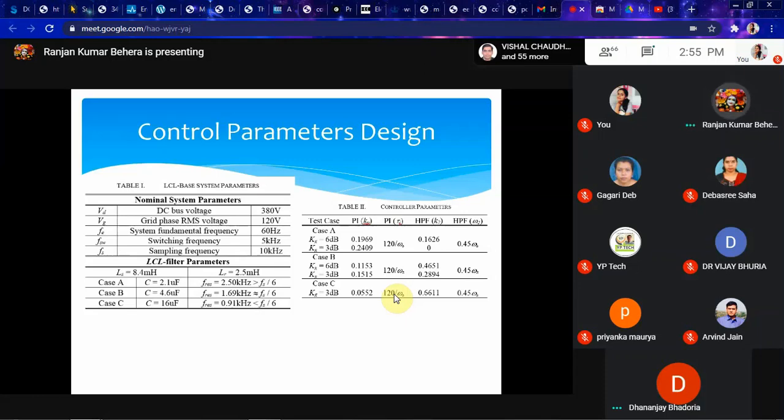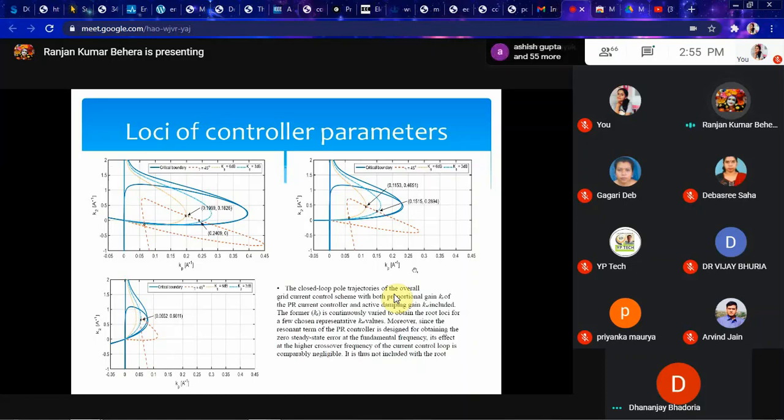If you see this filter, L is 8.4 millihenry and LR is 2.5 millihenry. You can see that there are two bands, one is 6 dB and 3 dB. So there are these three parameters.